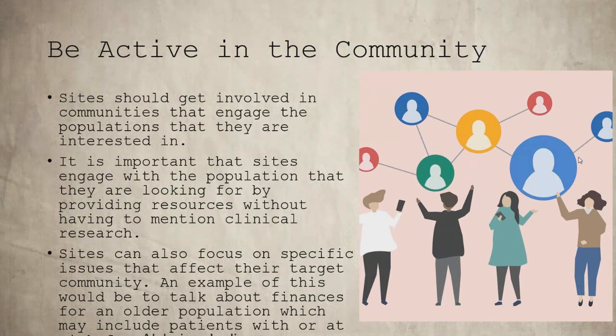Last bullet point here, sites can also focus on specific issues that affect their target community. An example of this would be to talk about finances for an older population, which may include patients with or at risk for Alzheimer's disease. That's right, Monica actually did this in Spanish for one of our sites.